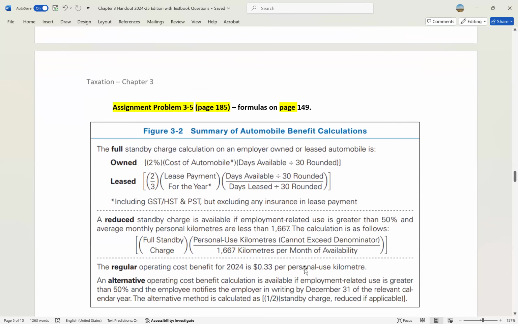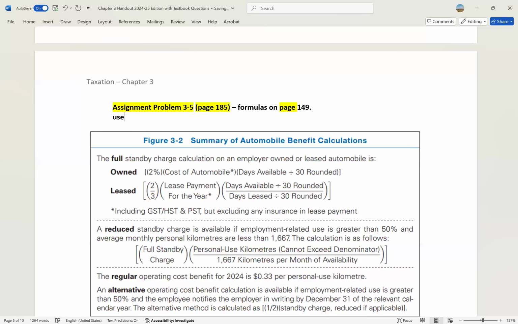One of the other taxable benefits that's quite common is automobile benefits. So let's say that you get use of a company car, and at the end of the day, you get to drive home, use it on evenings and weekends when not working.